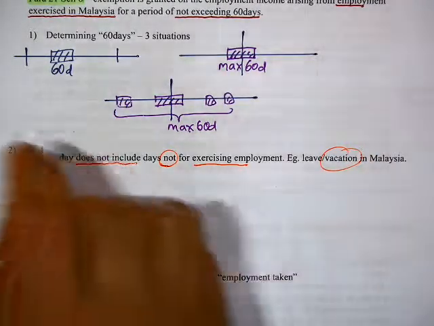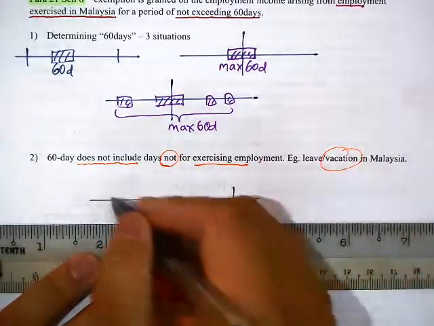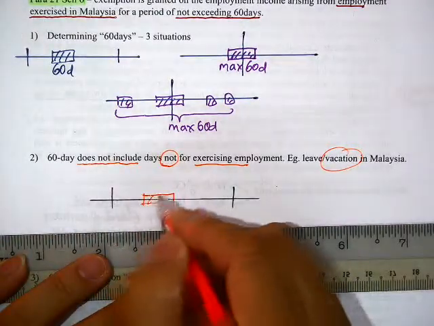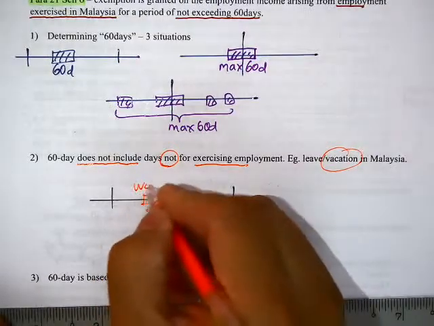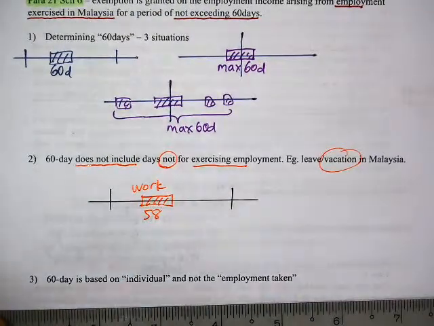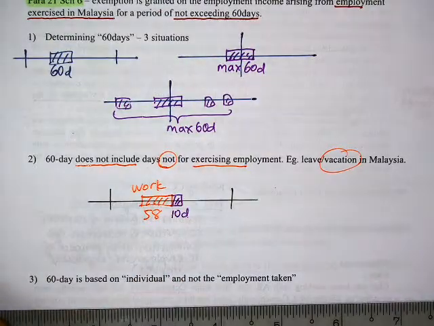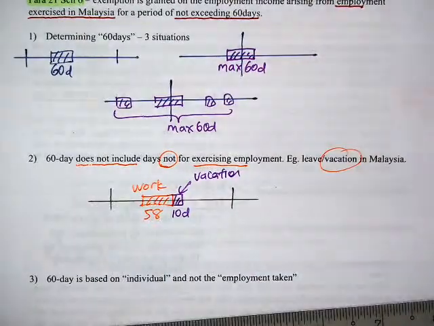So for instance, let's say in a year you come to Malaysia for 58 days. That's the contract period that you come down for work. But since you are here, you decided you want to stay on, so you extended your stay in Malaysia for another 10 days for vacation.